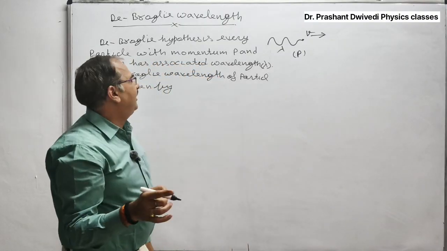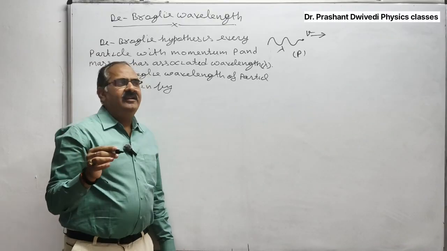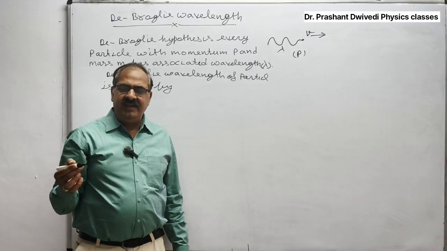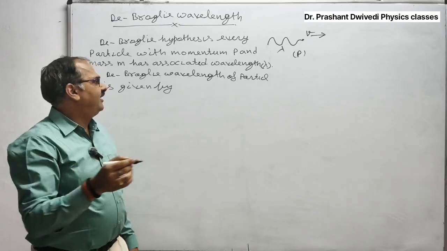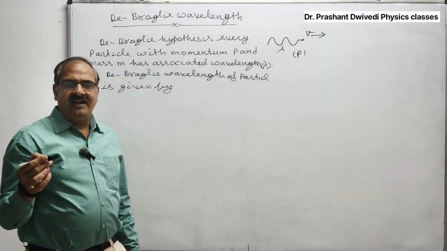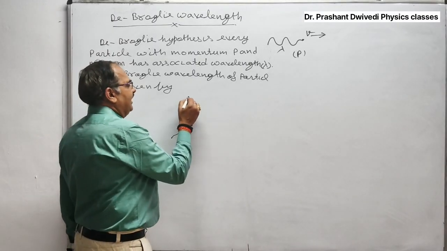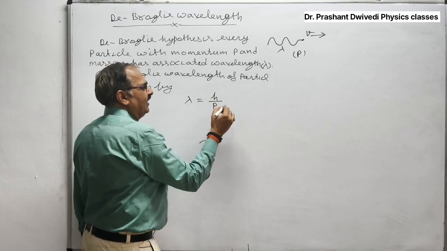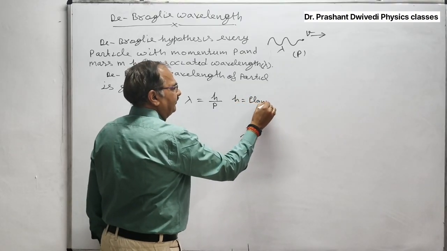The de Broglie hypothesis: every particle with momentum p and mass is associated with a wavelength lambda, and the wavelength is given by the relation lambda is equal to h upon p. h is equal to Planck constant.